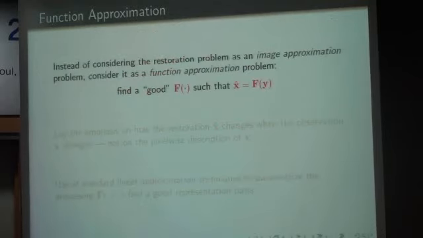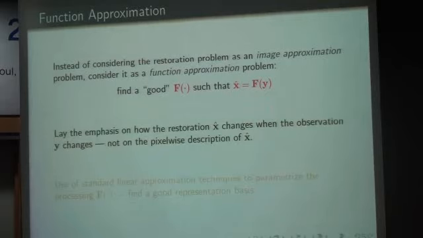Okay, so I would like to see the problem, instead of a problem of estimating x hat, I would like to see it more as estimating the function that gives x hat. Okay, it looks a bit rhetorical, but actually this means that I'm going to put the emphasis not on how x hat behaves, so the pixel-wise description, but more on how x hat would change if I would change slightly, for example, the observation y.